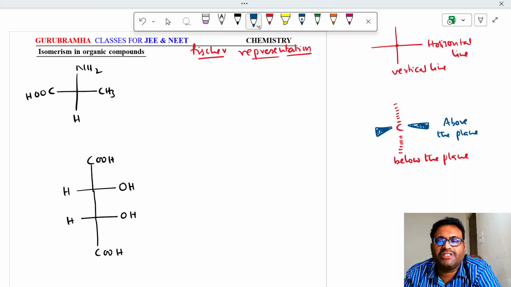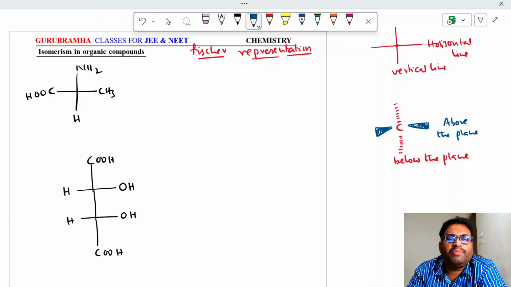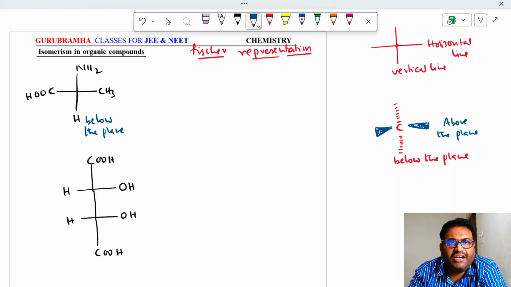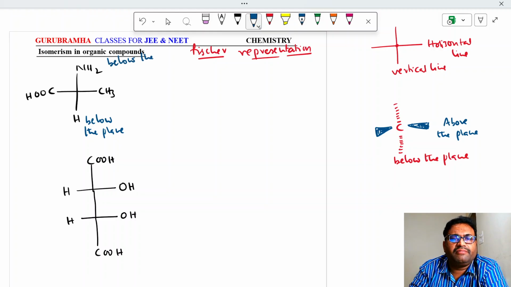Okay. Now, who is below the plane? H and NH2 are below the plane. This H is below the plane. Plane we have already discussed. This is also below the plane. And CH3 and COOH are above the plane.